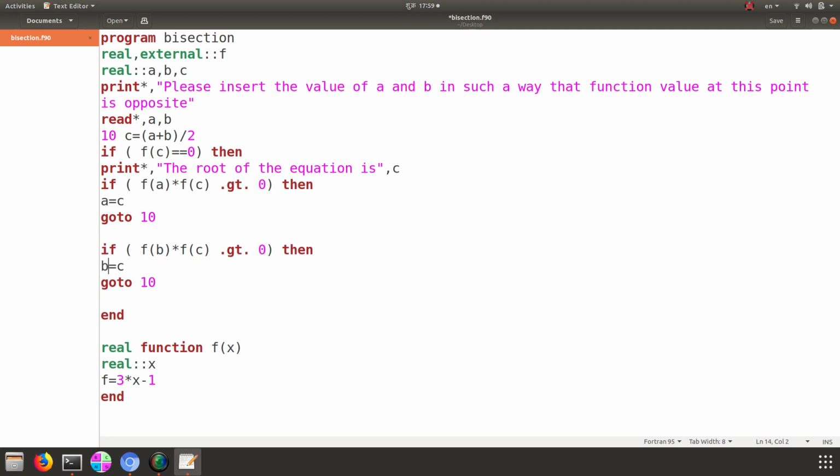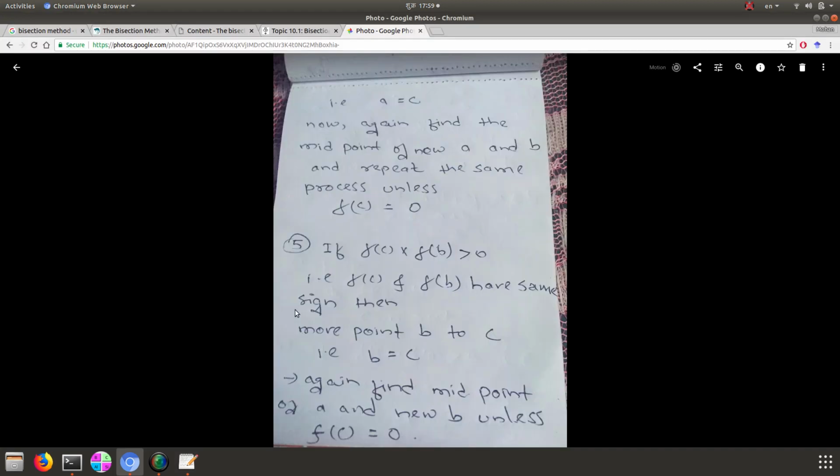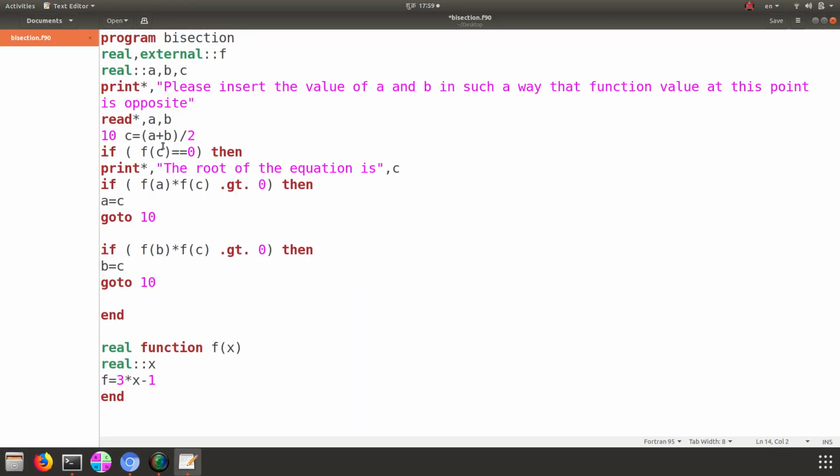Then again, if you understood clearly about this, then you will understand about this as well. So what I mean is, if f of b and f of c have the same sign, then b is moved to the point c, and again the midpoint of b and a is calculated, and the same process is repeated unless we get f of c.